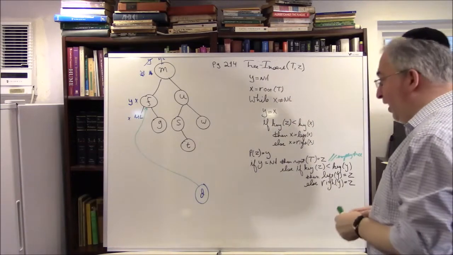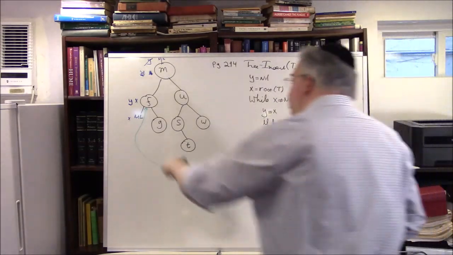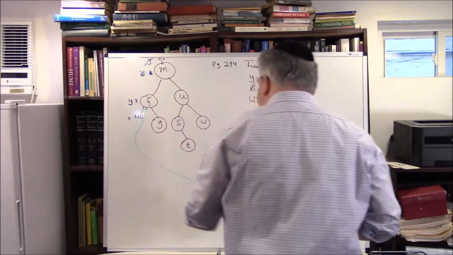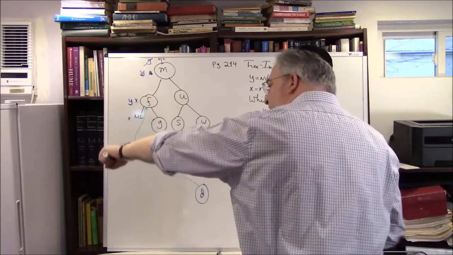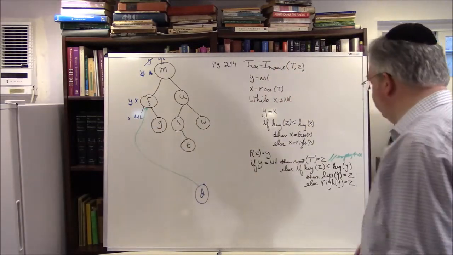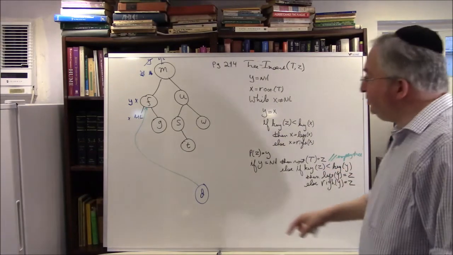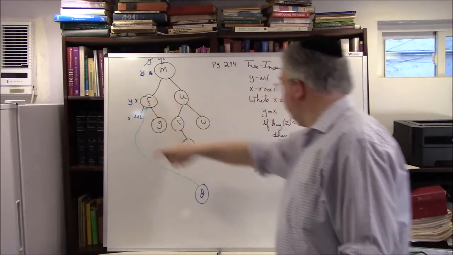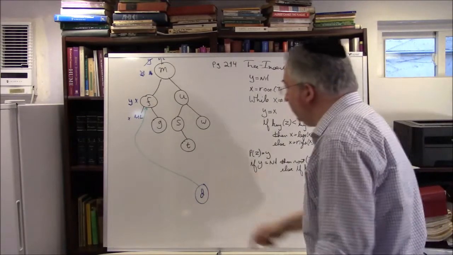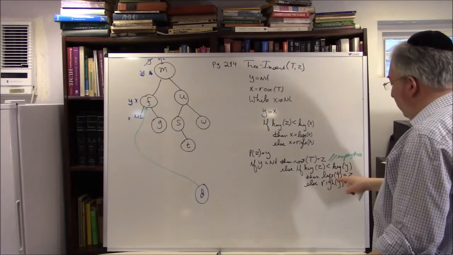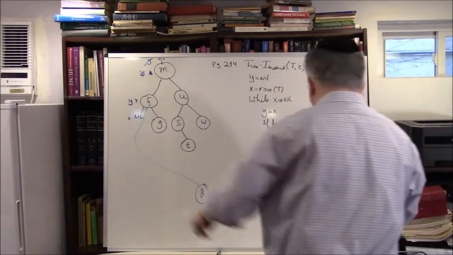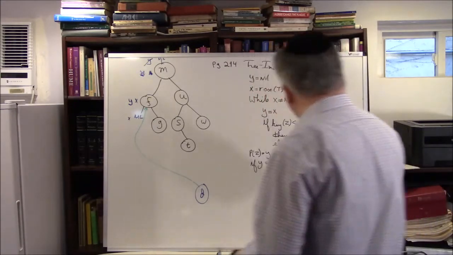Great. Otherwise, the question: F is the father of D. Does it belong on this side or this side? The answer is, if key of Z is less than key of Y, so here's Y and here's Z, your new thing, then left of Y, the left child, is equal to Z. Otherwise, the right child.